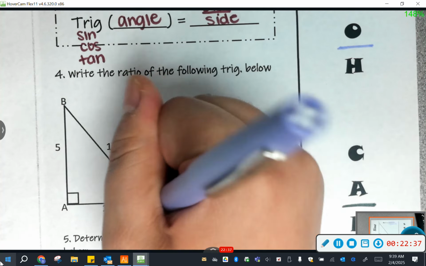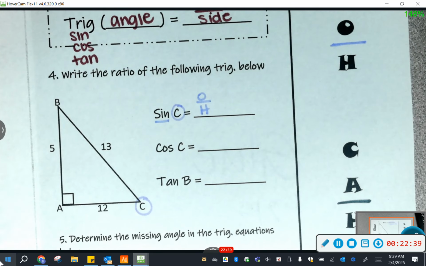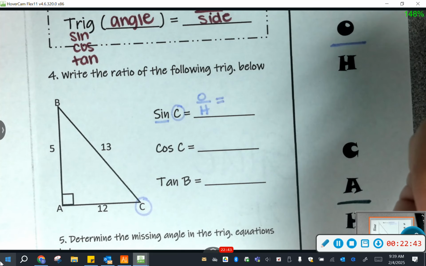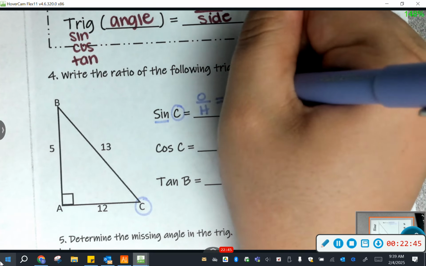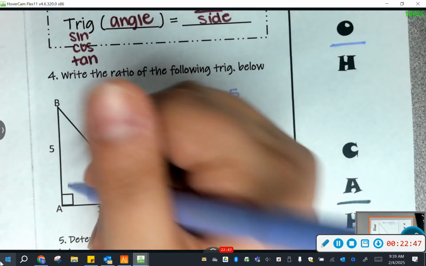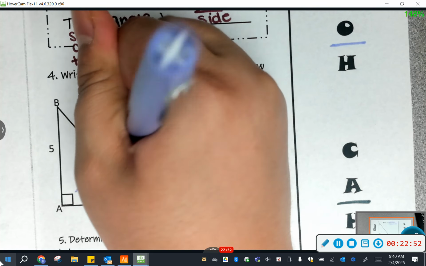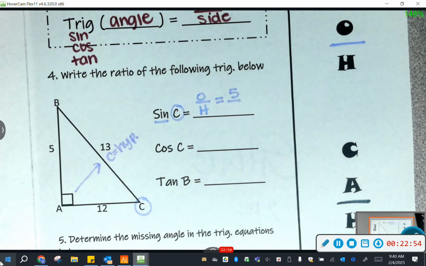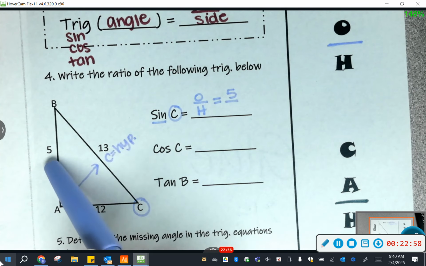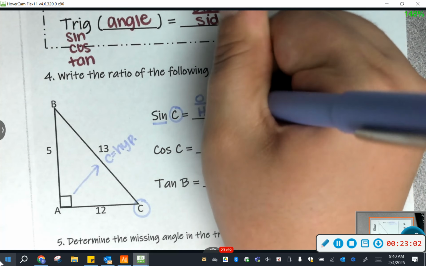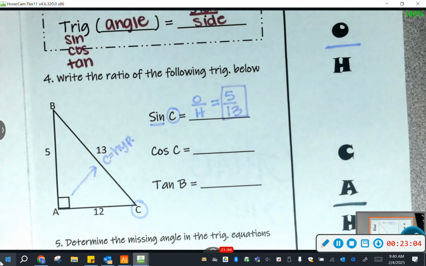C. So I'm going to circle C. What is opposite of C? 5. Ooh, what did we forget to do? The hypotenuse. Let me label that real quick. So opposite of C is 5. What's the hypotenuse? So my answer is 5 over 13.